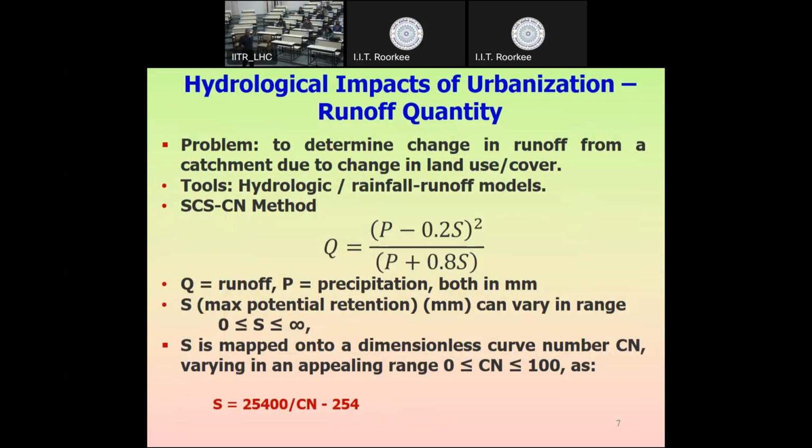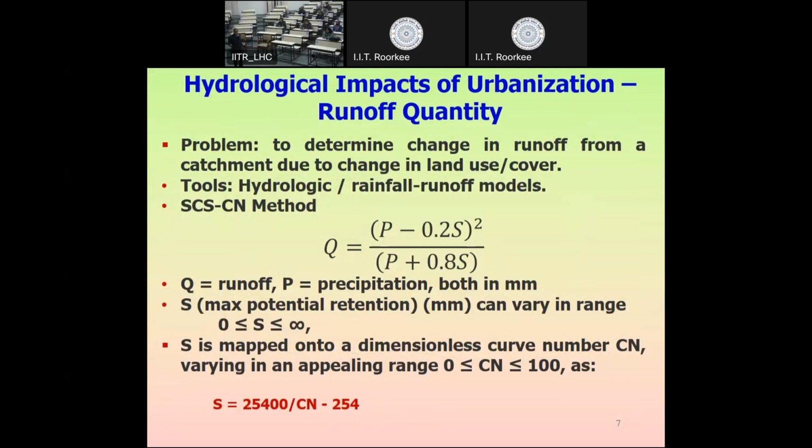This quantity S has a very large range, can vary between 0 to infinity, and this is sometimes difficult to manage. So this quantity S is mapped on a dimensionless number called curve number, which can vary in a more manageable range, 0 to 100.